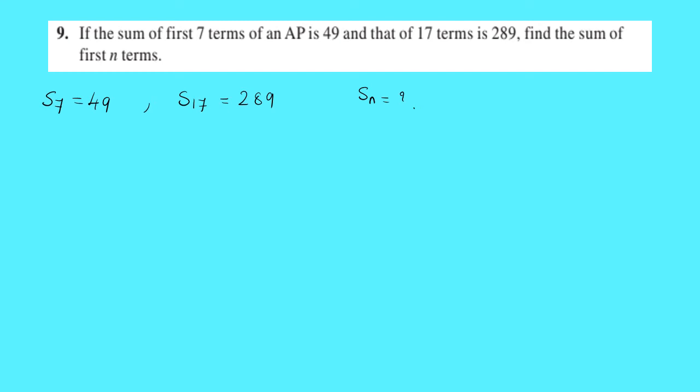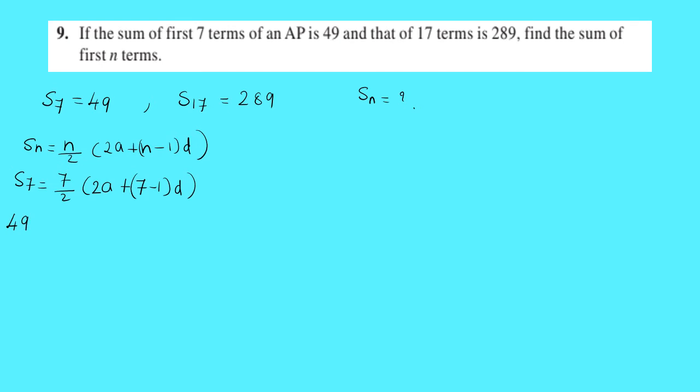And we already know that Sn equal to n upon 2 multiplied by 2A plus n minus 1 multiplied by D. That means S7 equal to 7 upon 2 multiplied by 2A, A is not given so write A as it is, plus n minus 1, that means 7 minus 1, multiplied by D. And S7 is given 49.